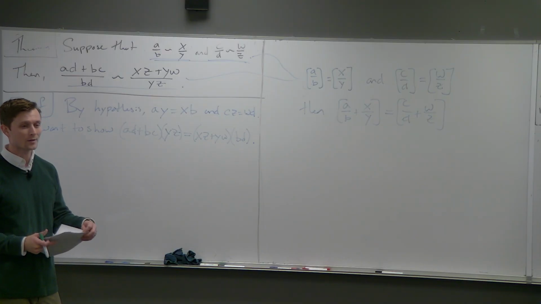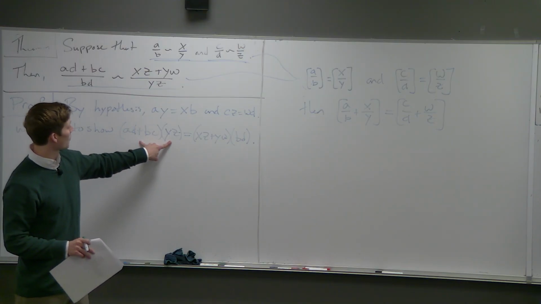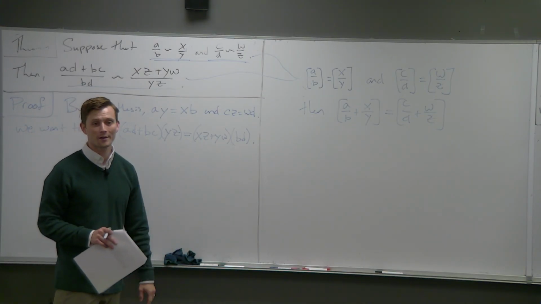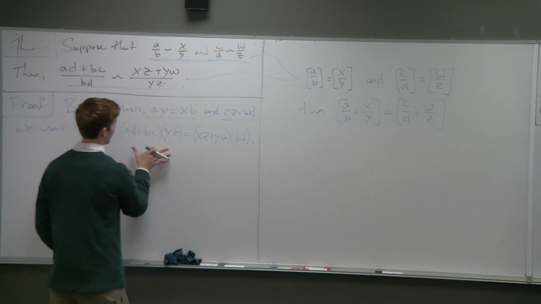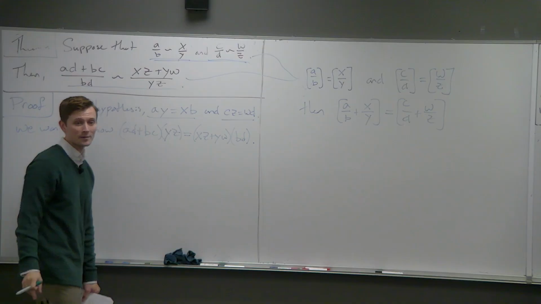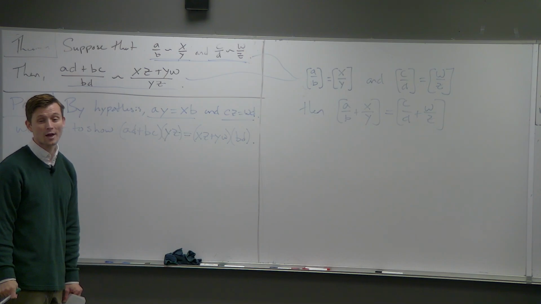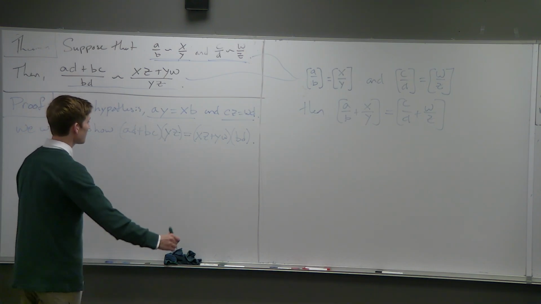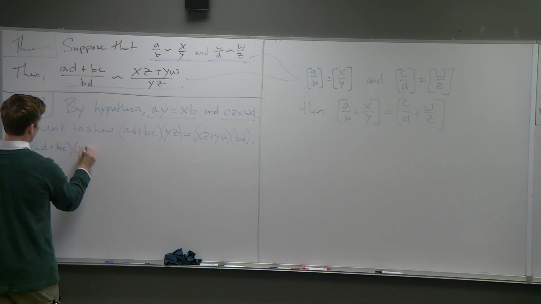So how are we going to do this? Well, we're going to use our hypothesis to take one side of this and turn it into the other. That is, we're going to use these two facts and basic manipulations to turn this side into that. So let's try it. We say, (AD plus BC) times YZ.